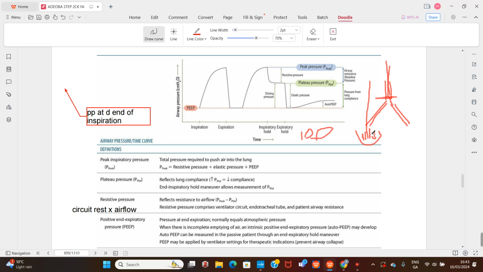So you need to factor your PEEP into the calculation of your inspiratory pressure. The higher the PEEP, the more inspiratory pressure you need to deliver air into those alveoli that are opened by your PEEP. So those are the three pressures: the resistive pressure, the elastic pressure, and the PEEP.